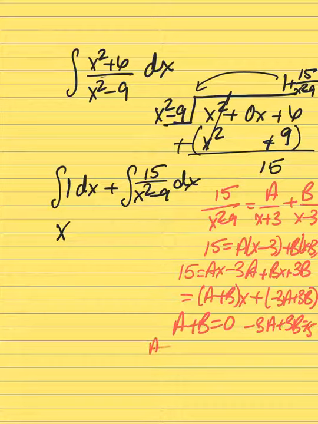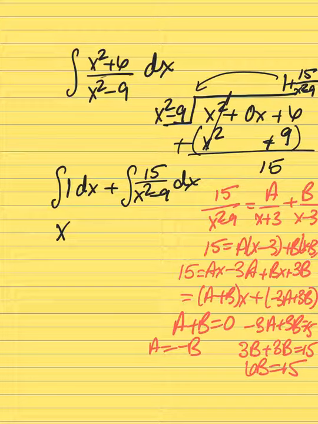All right, so I'm going to say a equals negative b. Plug that in here. So a is negative b times negative 3, that's going to be positive 3b plus 3b equals 15. That's 6b equals 15. So that means b equals 15 divided by 6. 3 goes into both of those, so 5 halves. So if b equals 5 halves, a is just the negative version of that, so a is negative 5 halves.